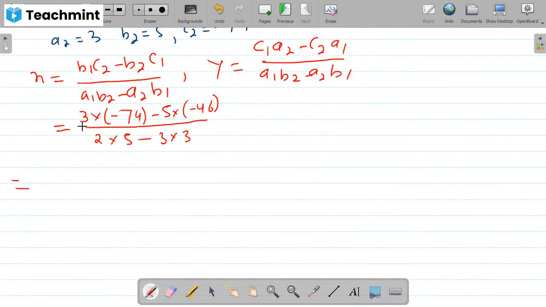So after this, 3 multiplied by minus 74: 3 times 4 is 12, 3 times 7 is 21, plus 1 is 22, so 222 with a minus sign.